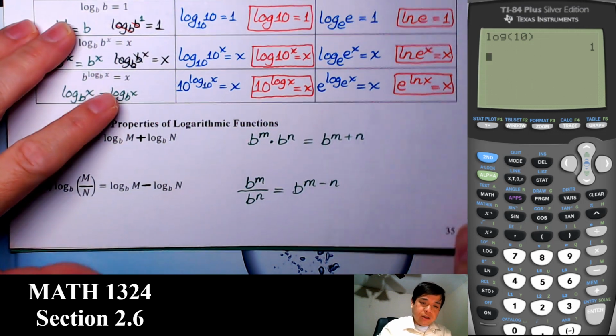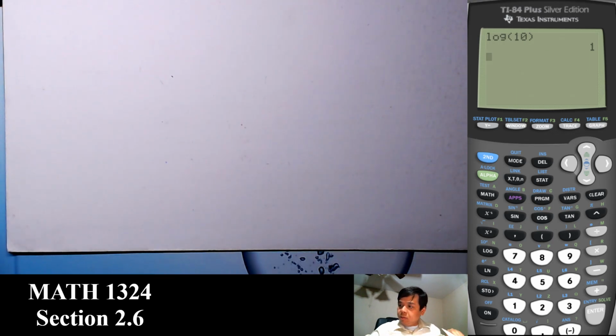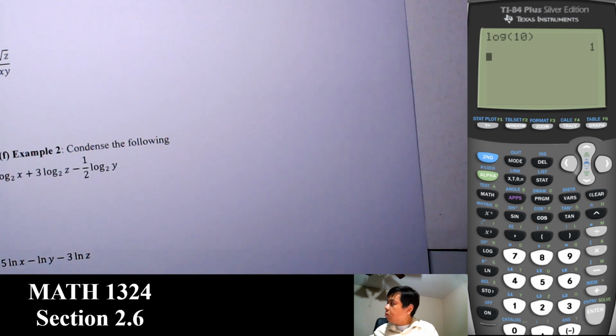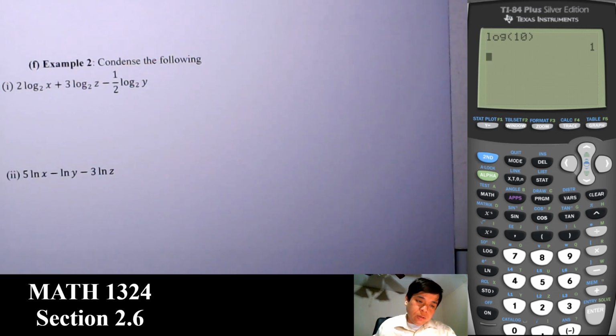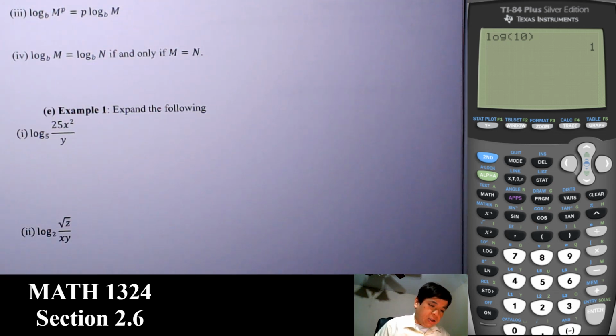Right. And then log of something to another power.